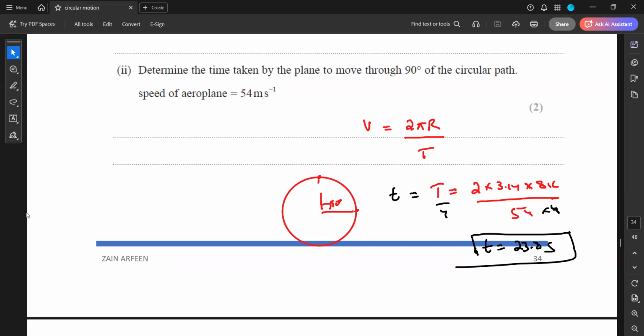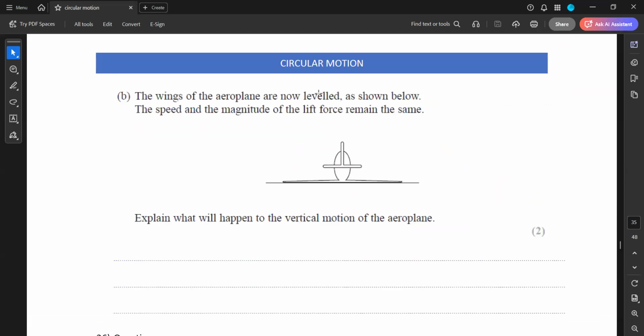Then we have: the wings of the airplane are now leveled so that the speed and the magnitude of the lift remain the same. What will happen to the vertical motion of the airplane?